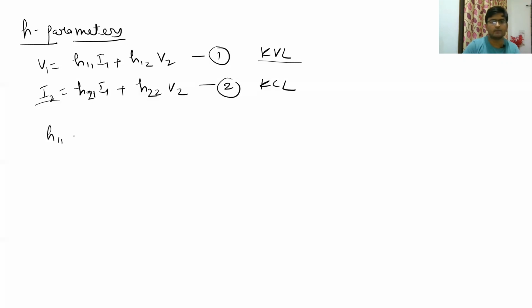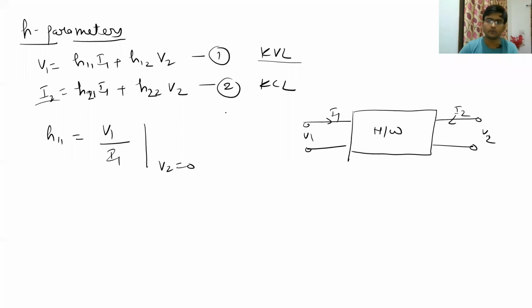So let us find out the values. Our first parameter H11 will be equal to V1 divided by I1 when V2 is equal to 0. Let me quickly draw the basic network also. To find H11, you have to find the ratio of V1 upon I1 when V2 is equal to 0, so we have to make the output terminal short circuit. You may say that this looks very similar to Z11, which was also V1 upon I1.